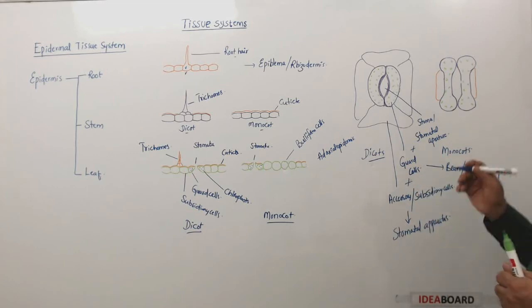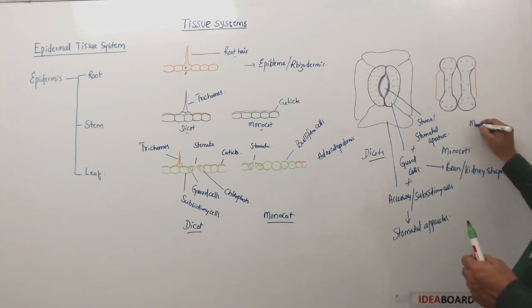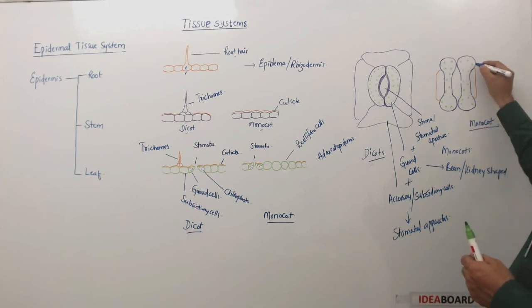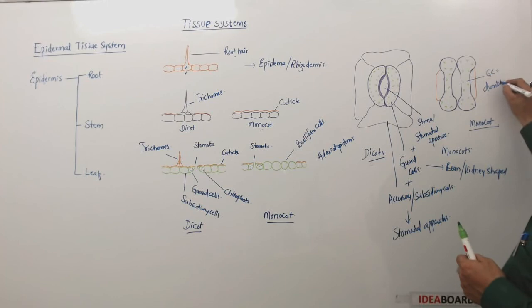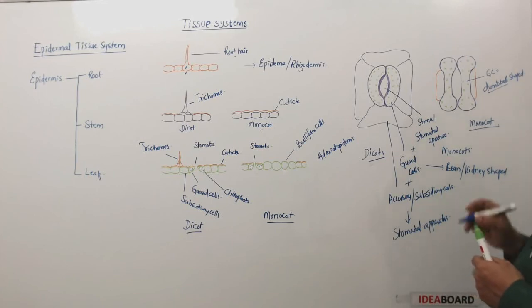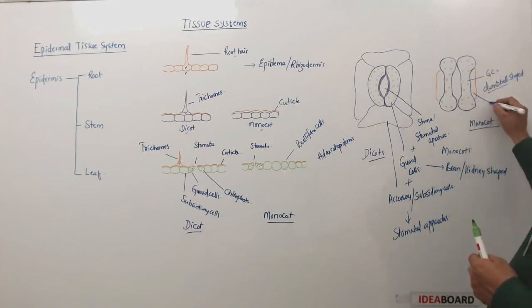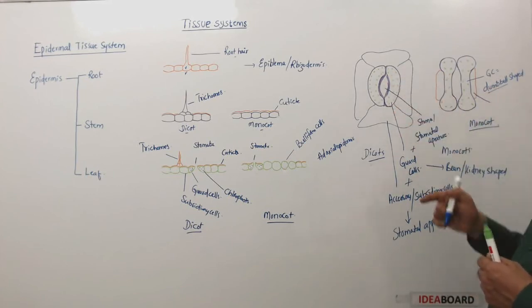And when we come to this monocot stomata, in monocots the guard cells are dumbbell shaped. These are guard cells, GC, and they are dumbbell shaped. And you will not find many subsidiary cells.